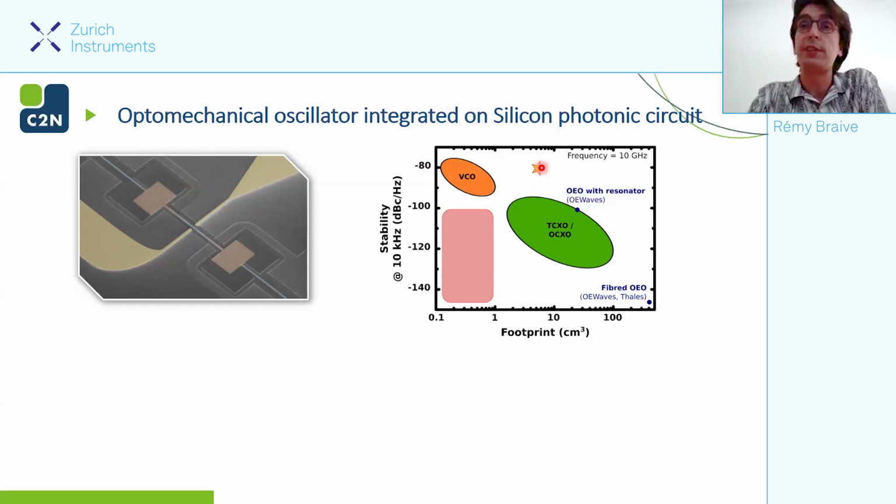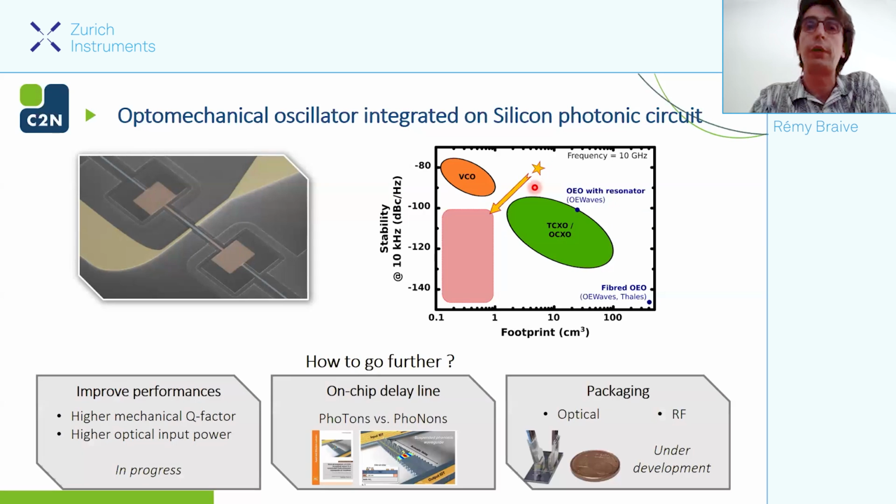But since then, we have first reduced the phase noise of our system, so we are going down in this direction. But we have also some other developments that we try to put in place, such as improving to reach higher mechanical quality factor, which is something that we succeeded recently to have a few orders of magnitude higher, and also trying to have higher optical input power.